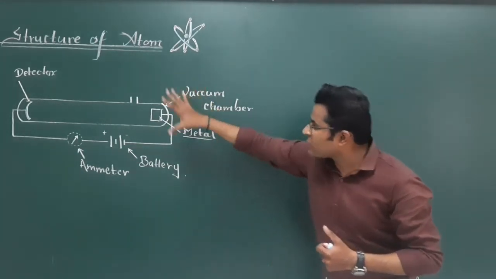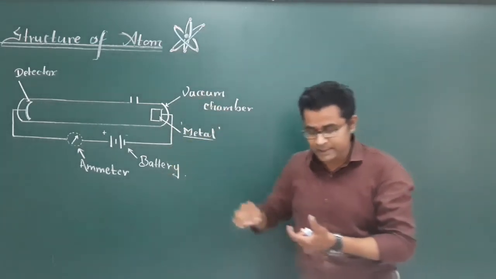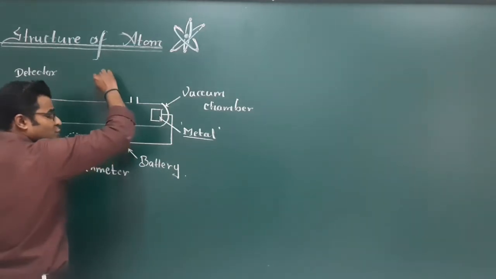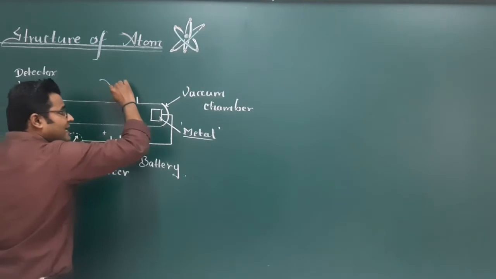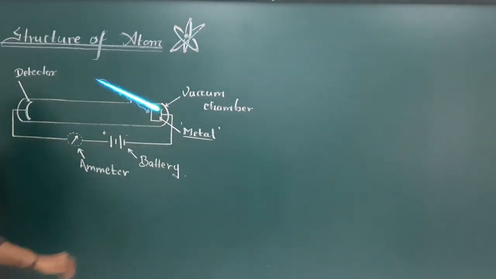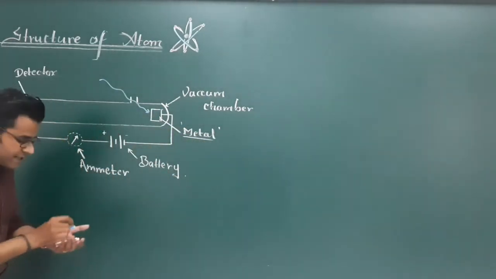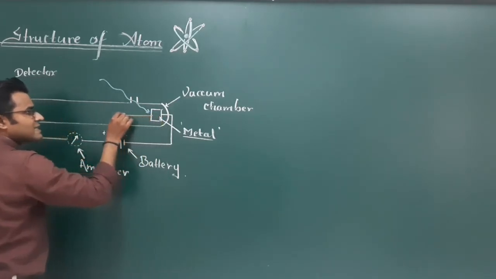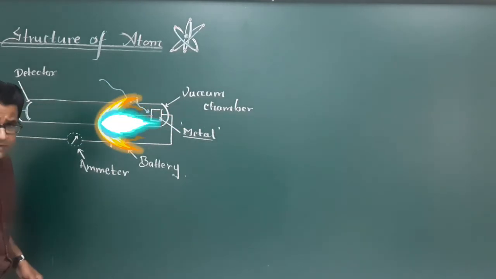Now, when we look at this apparatus, whenever a radiation of suitable frequency, I repeat again, whenever a radiation of suitable frequency is incident on this metal foil, this metal surface, an electron is ejected out from this metal surface.